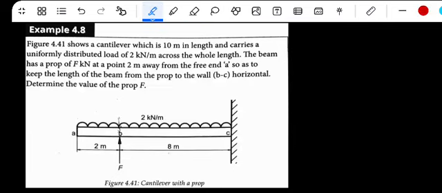So we have the UDL, as you can see throughout. Obviously this UDL at A will result in a force acting at the end, which will cause the beam to bend.